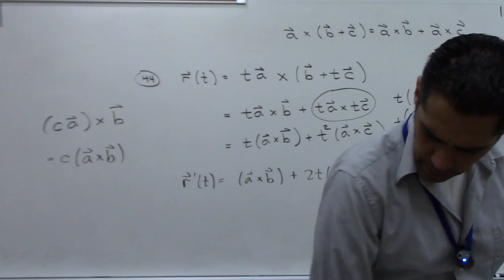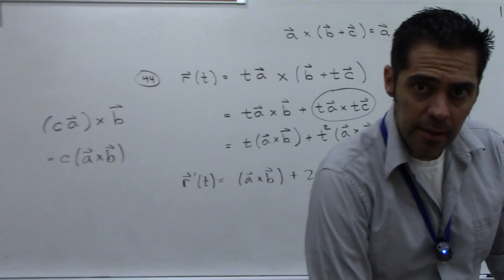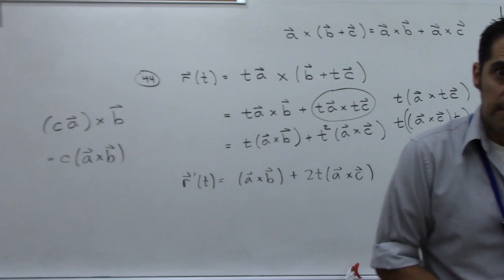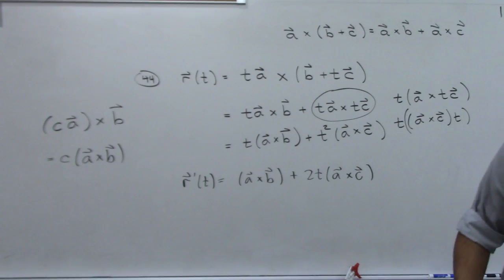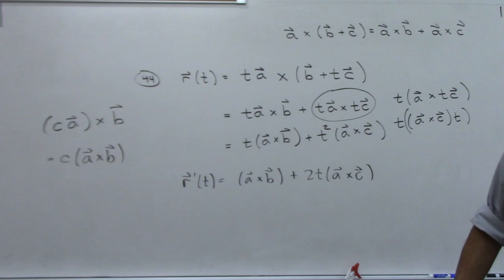So now we're working on 45. Find the unit tangent vector, capital T of t, at the point in a given value.